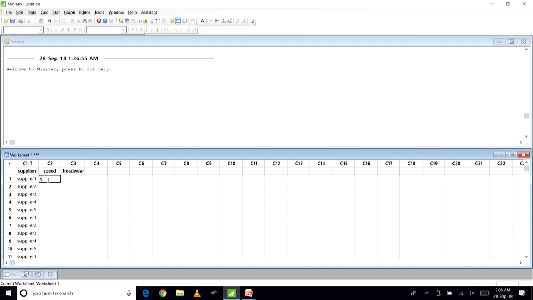The first is slow, then medium, and then, in fact, you can have 5 slow, 5 medium and 5 fast, and then next fast.